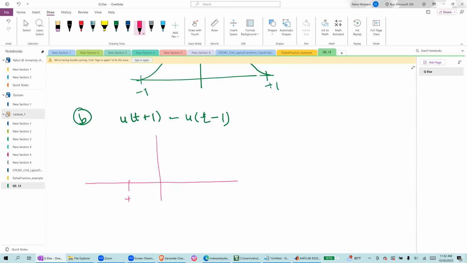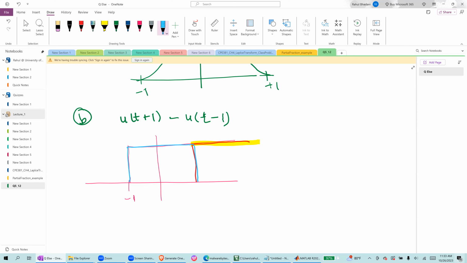Then u of t minus 1 will look something like this. In that case these will be subtracted, so you are only left with this portion.